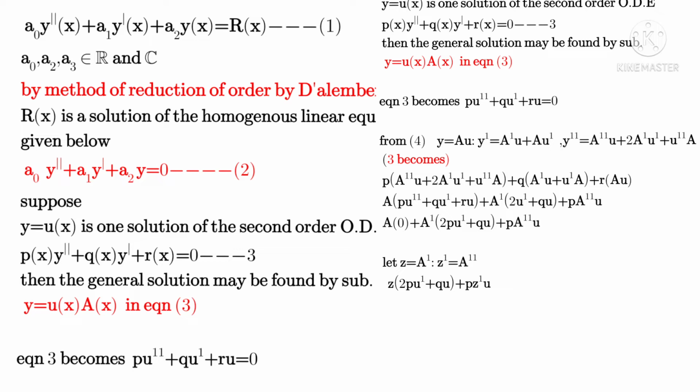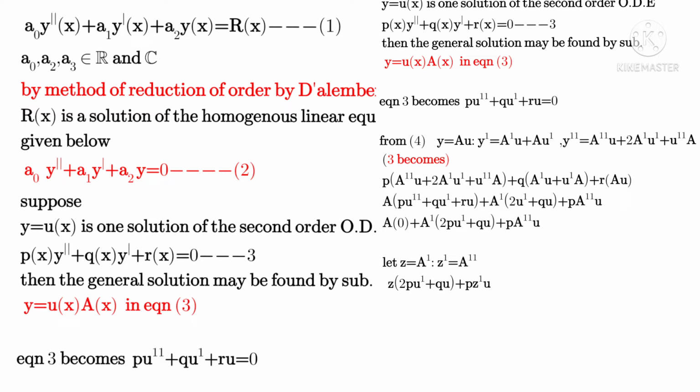Then we substitute all our values back into equation 3. So on substituting, we have p(a''u plus 2a'u' plus u''a) plus q(a'u plus u'a) plus r a u.